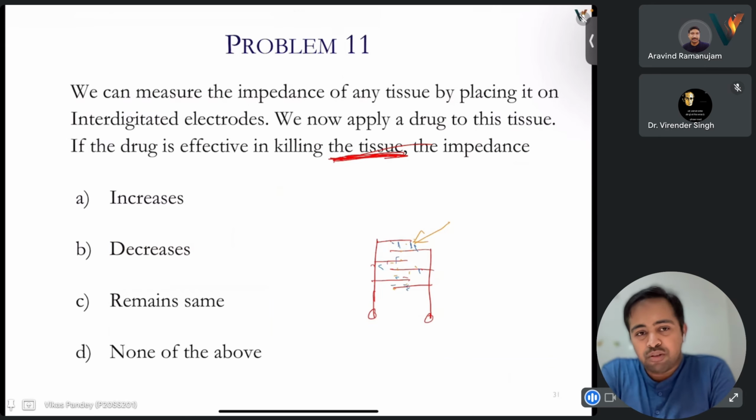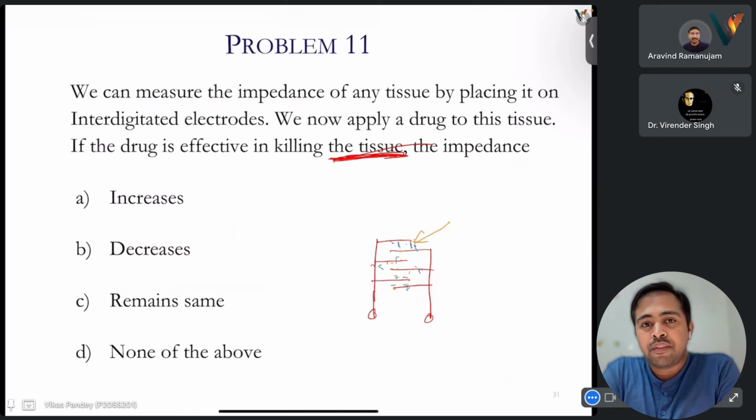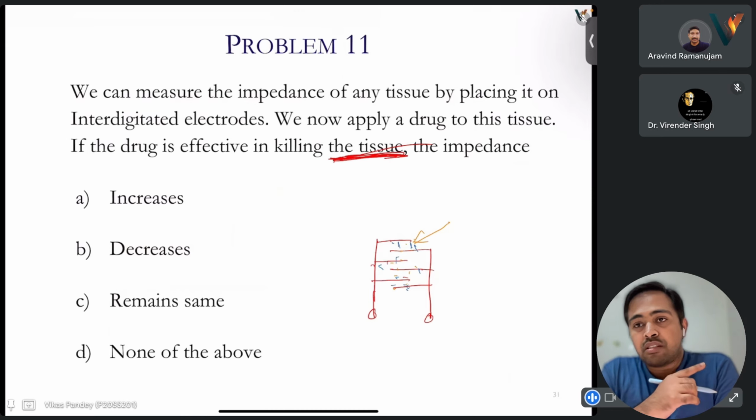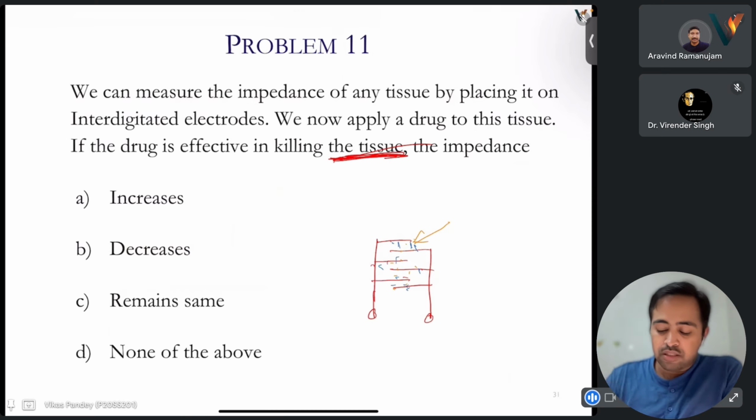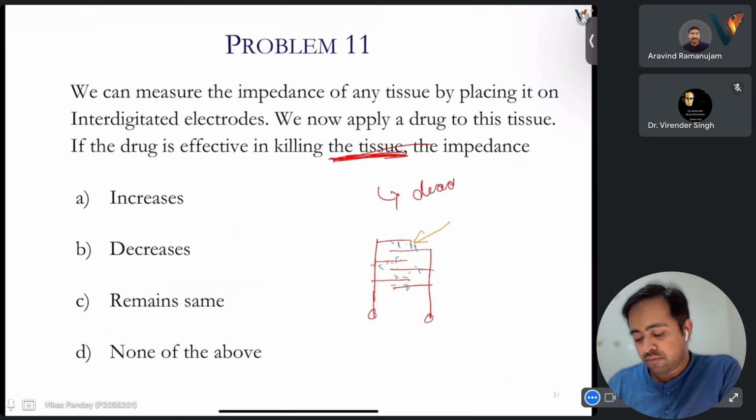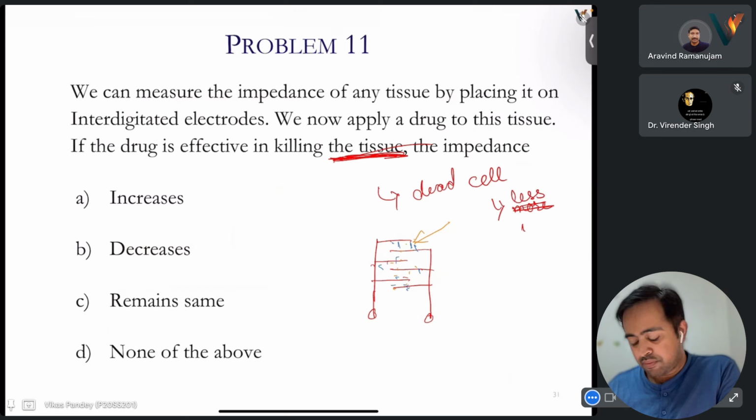Here it is also about charge. But remember, in the case of cancer cells also, the dead cells have more charge, that is, they have less impedance.